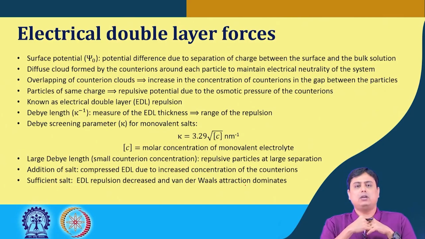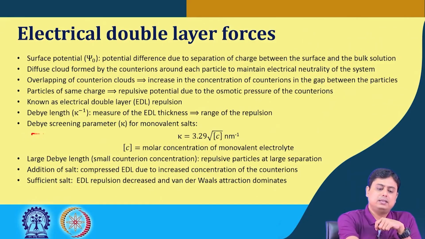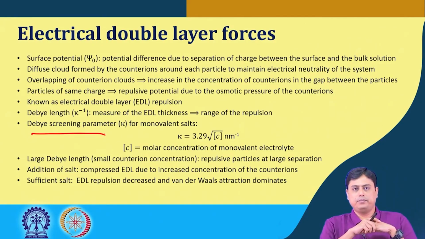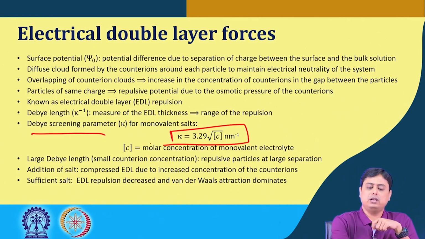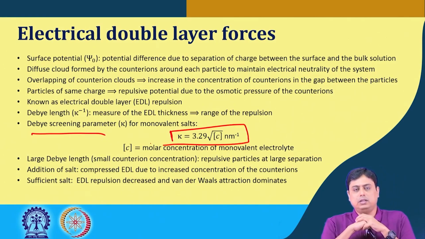So, it is a measure of this electrical double layer thickness, and it also provides an estimate of the range of this repulsive force, where kappa is the Debye screening parameter, and for monovalent salts this is written in this form, which has a relation with the molar concentration of the monovalent electrolyte.